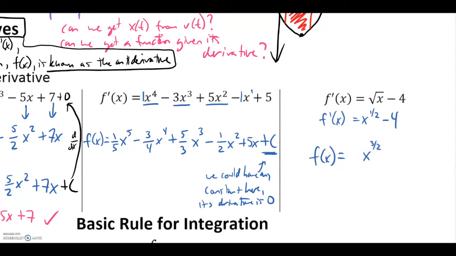Remember, in differentiation we subtract 1, so this 1/2 had to have come from a 3/2 power. And notice I'm going to have to end up with a coefficient of 1 when I differentiate. So what times 3/2 would end up with 1? That would have to be its reciprocal, 2/3. The minus 4 will become a minus 4x, and then plus any random constant that we could think of, because when we differentiate, that will just be a plus 0.